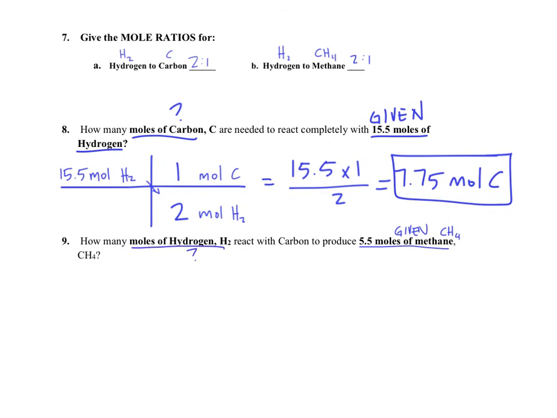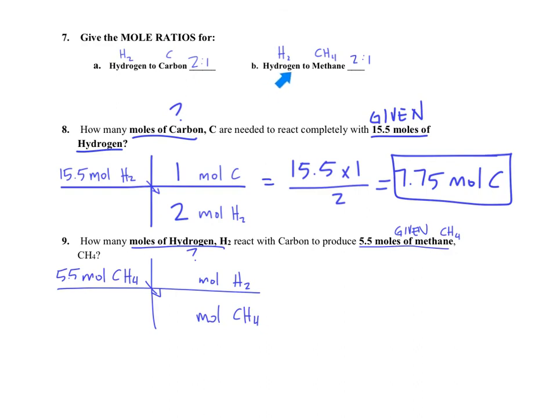So I'm going to set up a T-chart, and I'm given 5.5 moles of methane, CH4. So I bring down the unit, moles of CH4, and I want to convert from moles of methane to moles of hydrogen. And I can go from one substance to another because I know the mole ratio. We already figured that out up above.